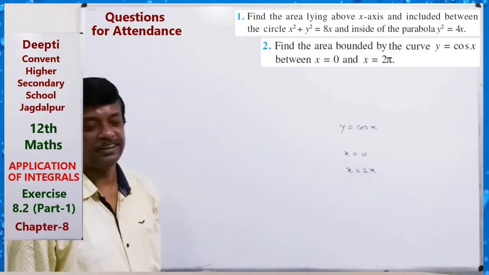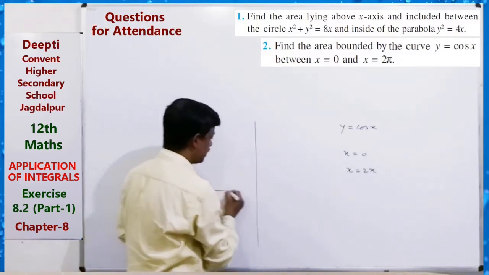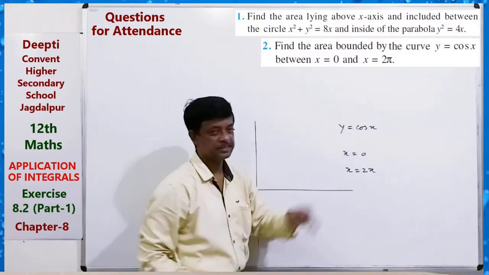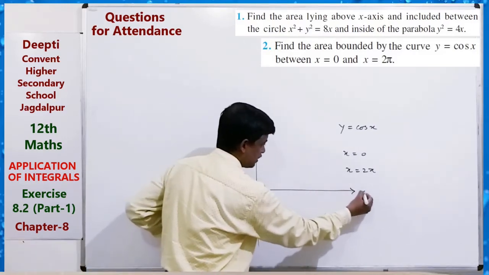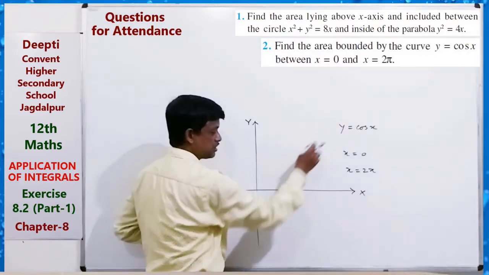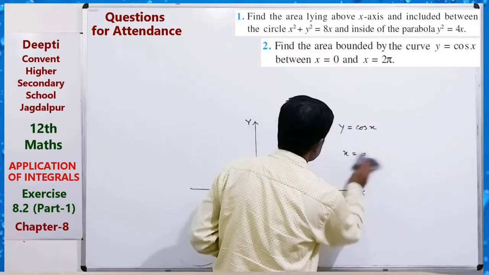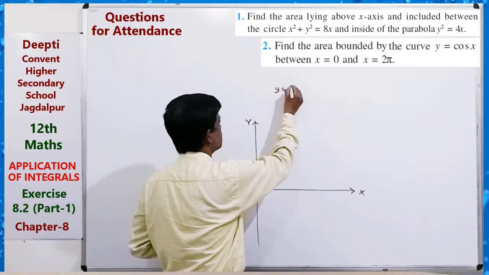So how can we find this area? Draw the diagram. You know the diagram of cos x. This is the x-axis, this is the y-axis. What will be the diagram of cos x? Y equals cos x.